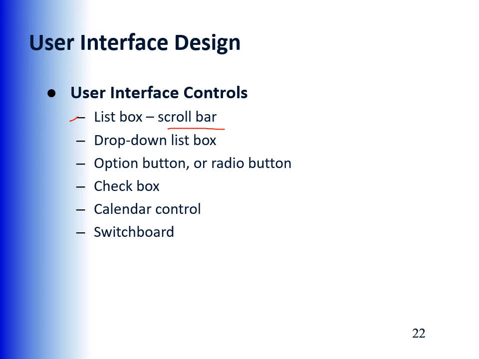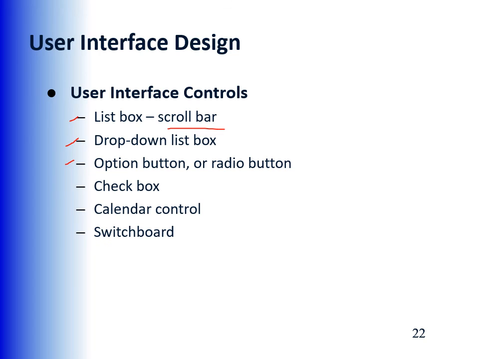You can use a drop-down list box, which displays the current selection. For example, when the user clicks the arrow, a list of the available choices will be displayed. You can use an option button or radio button, which represents one choice in a set of options, where the user can select only one option at a time, and the selected option shows a black dot, right?